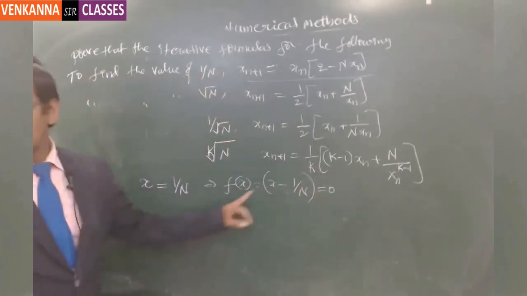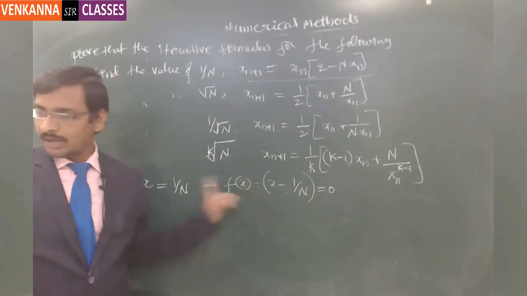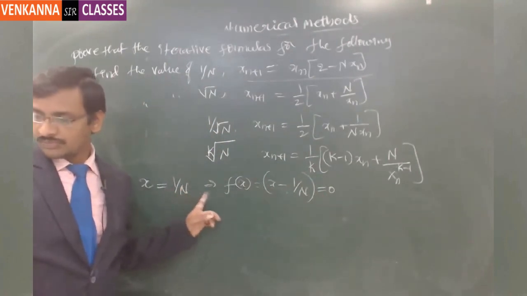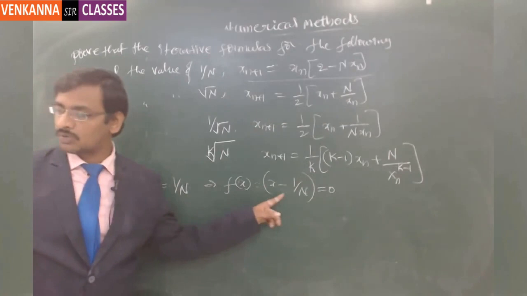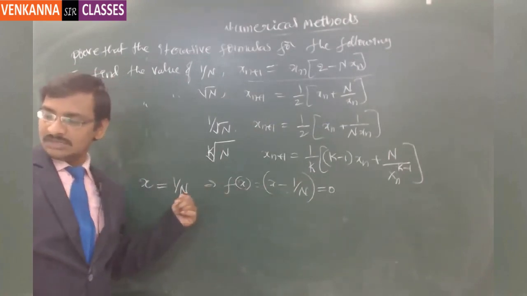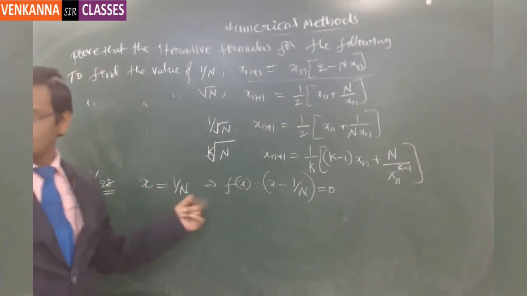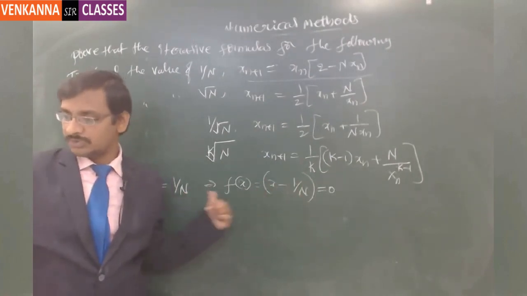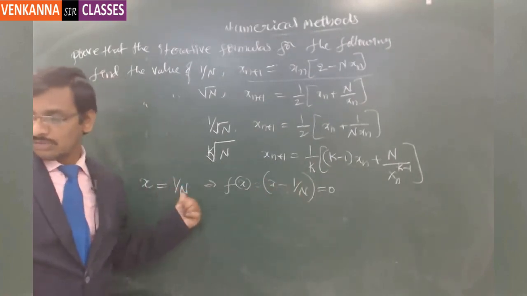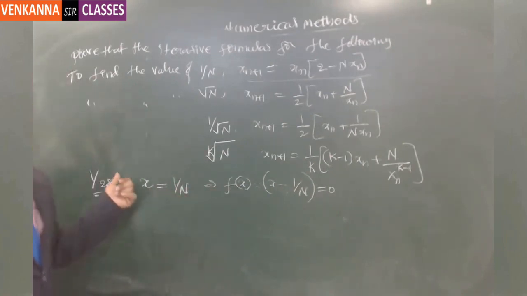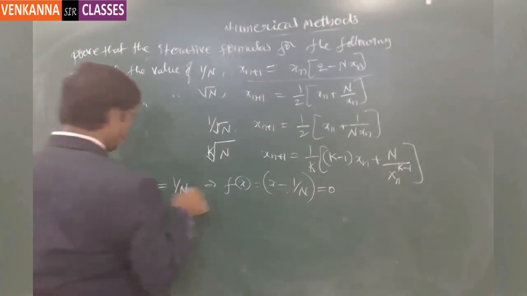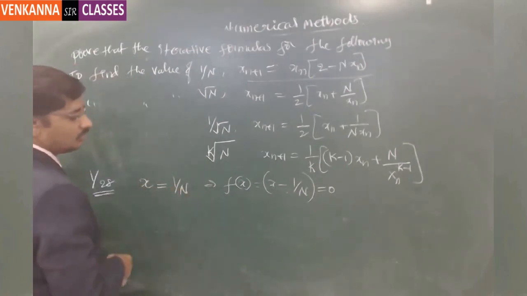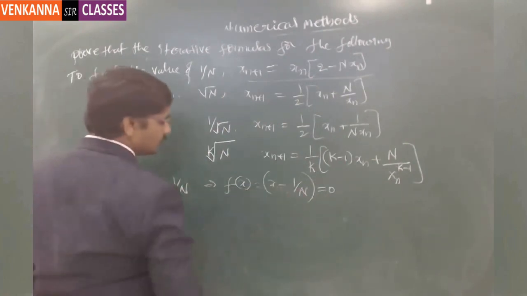For this you want to identify the root, because x equal to 1 by n is the root. So rather than an integer value like 28, you will be identifying the root 1 by 28, which is somewhere around 0.02, I think. So x is equal to 1 by n can be written this way.